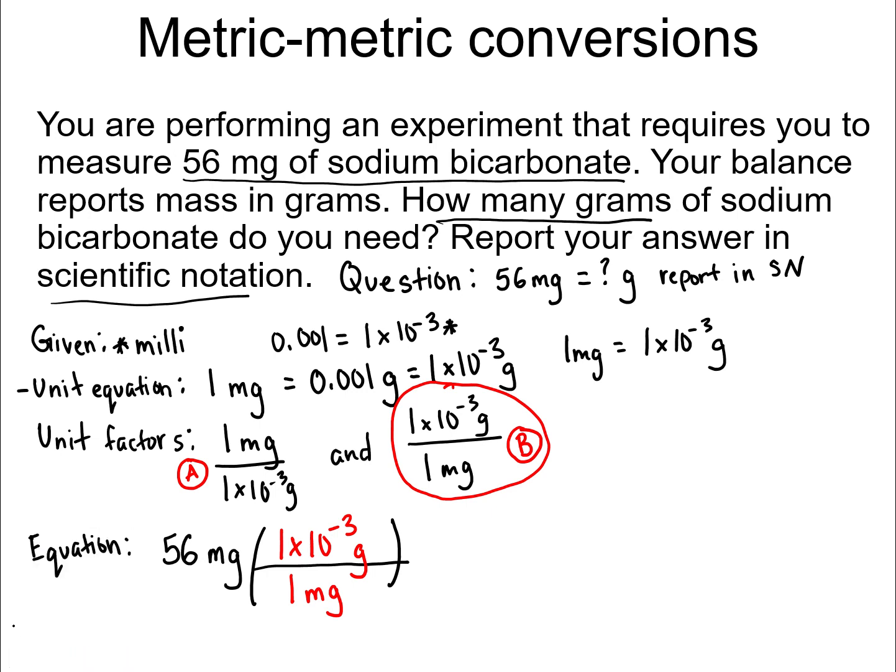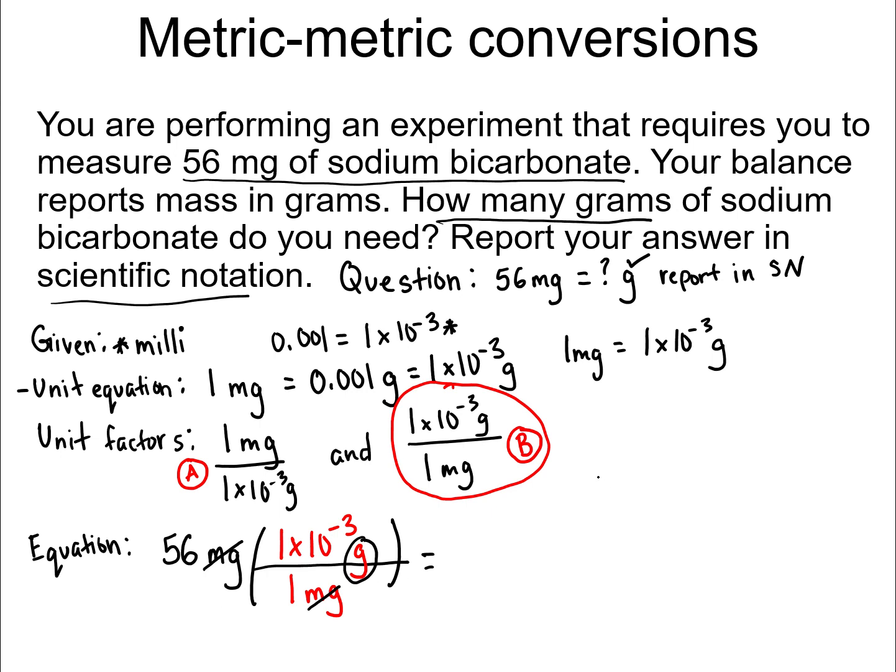Before I touch my calculator, I'm going to make sure that my units make sense. I have milligrams in the top and the bottom, so I can cancel out the milligrams. That leaves me with grams. And when I look at my question, that's what I need. So now you can go ahead and pick up your calculator if you have one, and you can put this into your calculator.